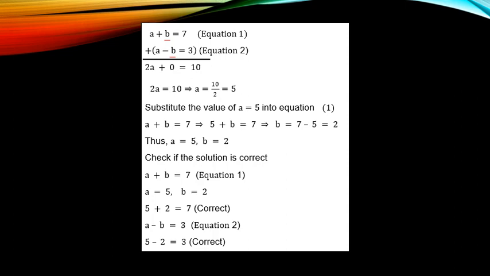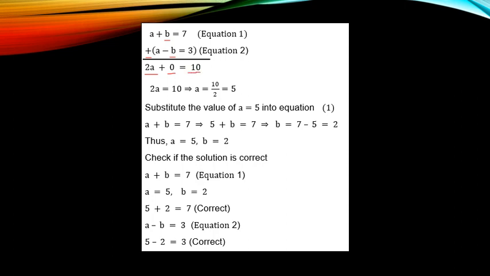So I'm adding equations 1 and 2 in order to eliminate variable b from the system. Adding, a plus a is 2a, plus b minus b is 0, then 7 plus 3 is equal to 10.